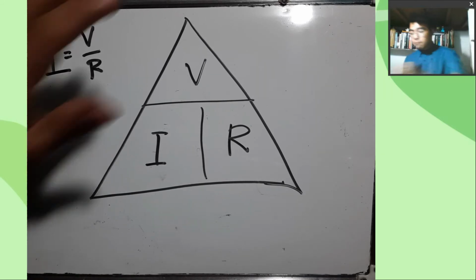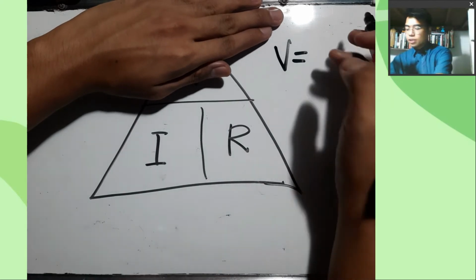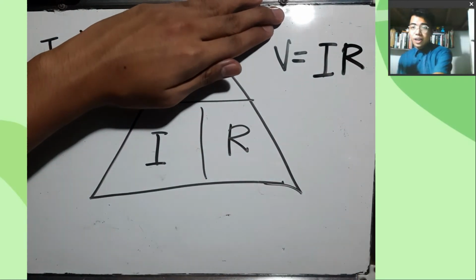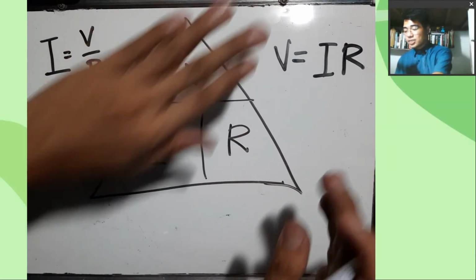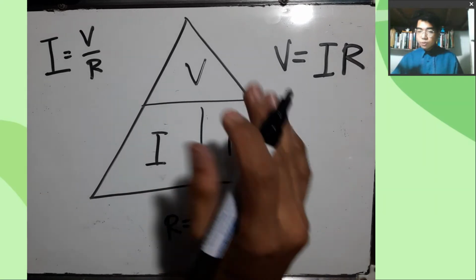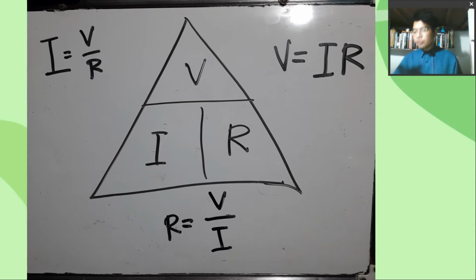Then, if we want to know the voltage, it is equivalent to IR, or current times resistance. And if we want to know the resistance, we are just going to utilize the formula voltage over current.